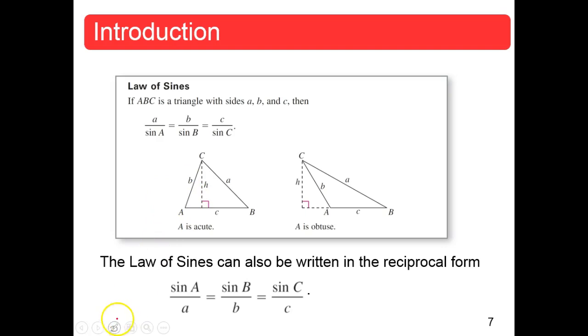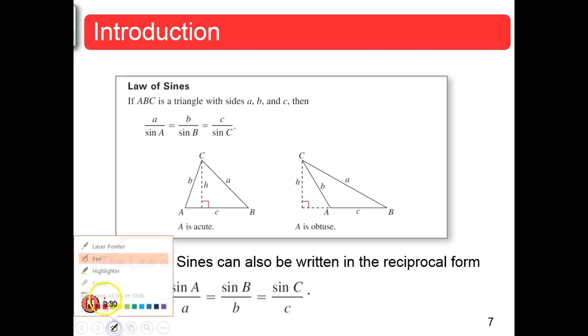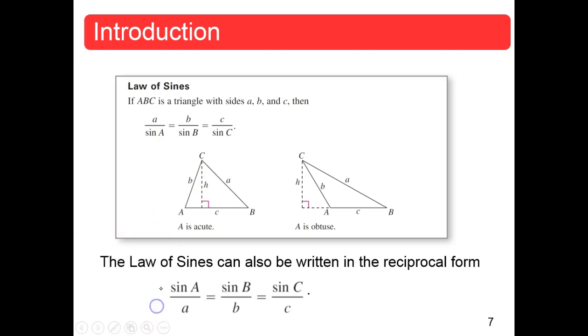Let me get my pen activated with a dark color. You know that the sine of angle A is equal to H over B, and the sine of angle B is H over little a.